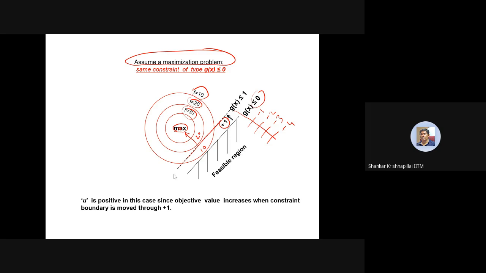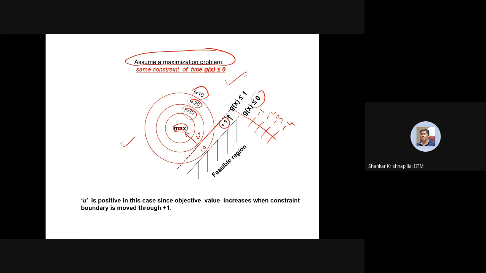This is just an extra explanation. It is not required for solving the problems, but you have to remember that sign change, that the sign of u should be negative.